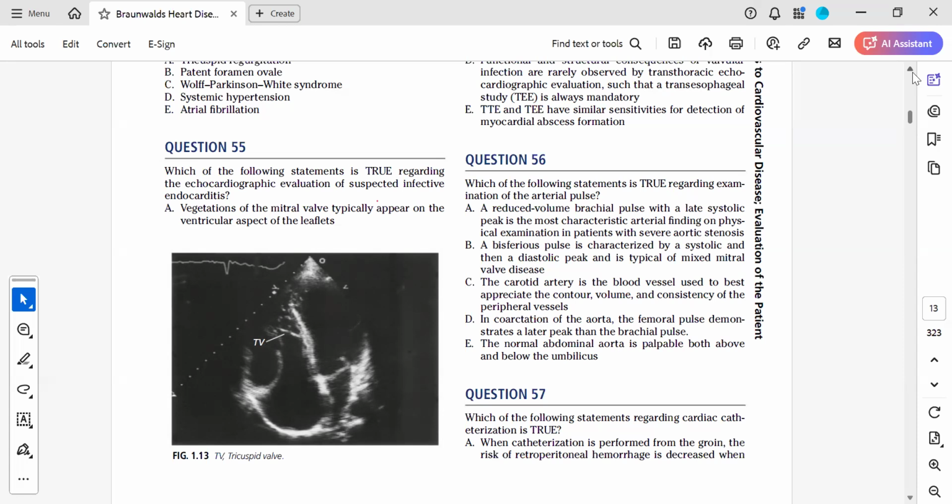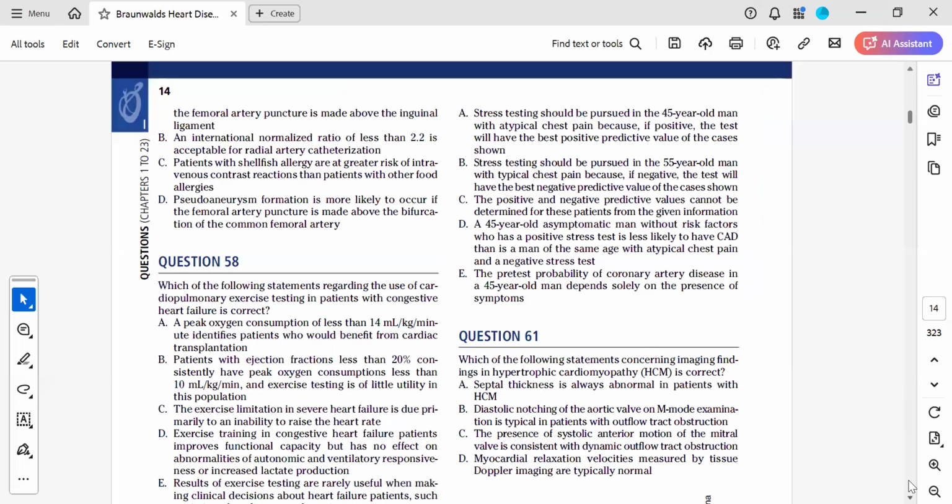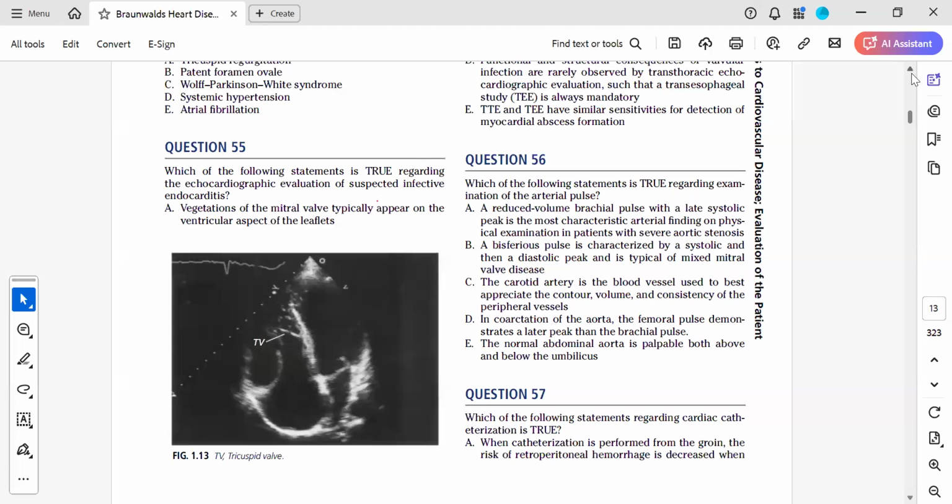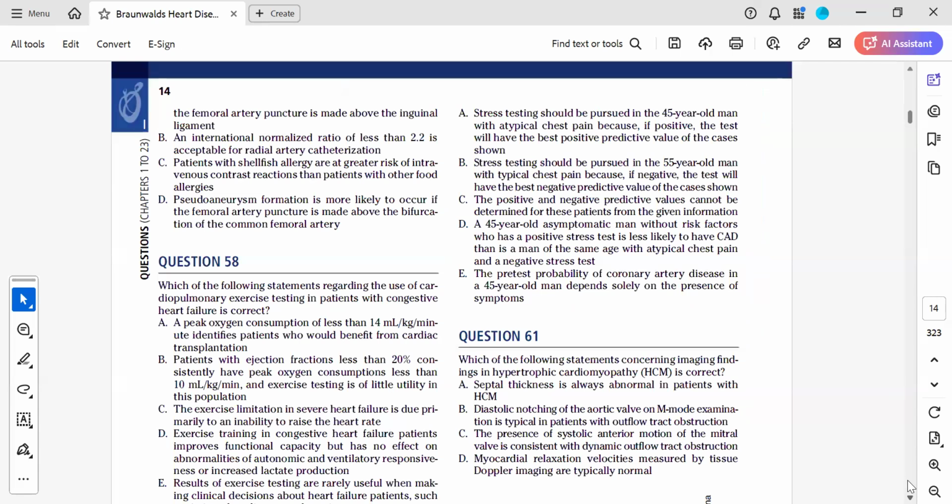A. When cardiac catheterization is performed from the groin, the risk of retroperitoneal hemorrhage is decreased when femoral artery puncture is made above the inguinal ligament.